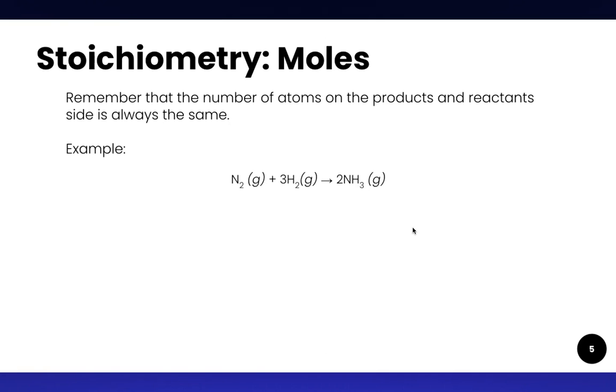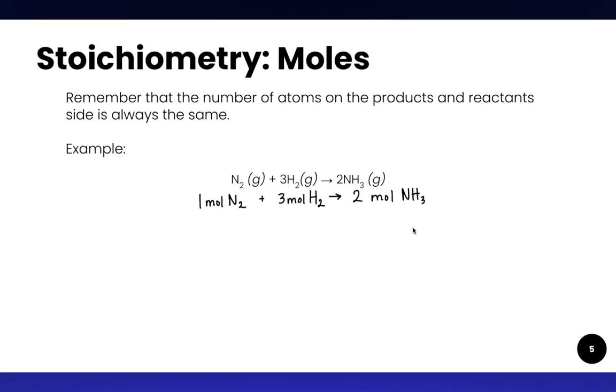The next thing, and maybe one of the most important things to be thinking about, is the number of moles. So remember, a mole is 6.02 times 10 to the 23 atoms, or 6.02 times 10 to the 23 molecules. So this one is pretty easy to think about, actually. You have 1 mole nitrogen plus 3 moles of hydrogen, which form 2 moles of NH3.